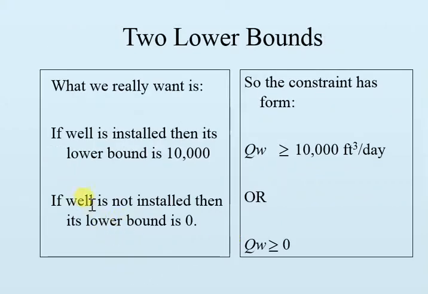In other words, what you really may want is to have this idea of two different lower bounds. If the well is installed or if it's operating, then its lower bound is, say, 10,000 units. If the well is not installed, then its lower bound is 0. Or if we write that in constraint form, it would be QW is greater than or equal to 10,000 feet cubed per day, or it's greater than or equal to 0.